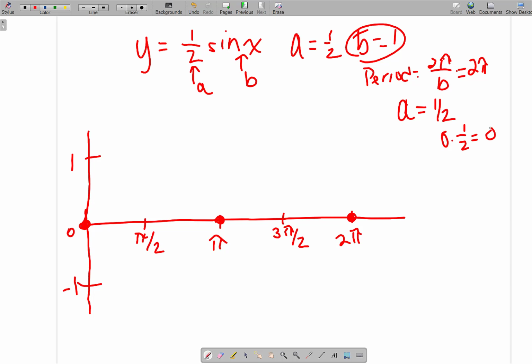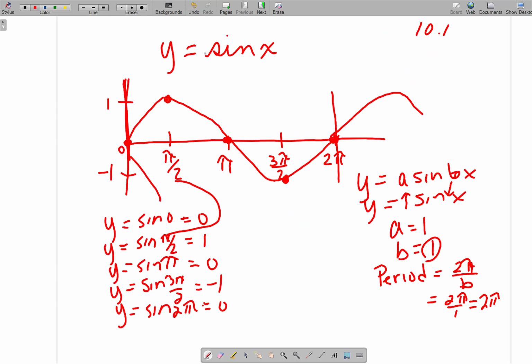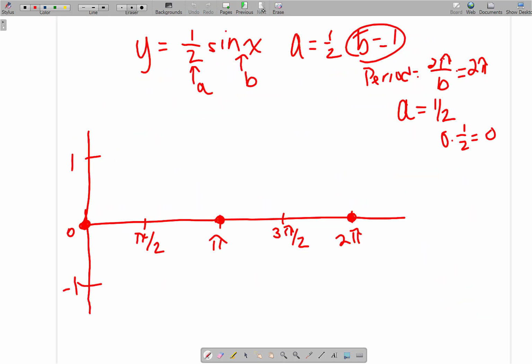Now in our regular sine graph, if we go back, what was pi over 2? Pi over 2 was 1. So let's go to our current graph. We have the sine of pi over 2, but a equals 1/2, so we have to take 1 times 1/2, which is 1/2.